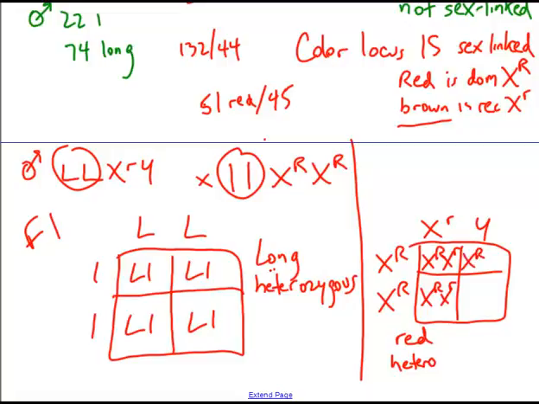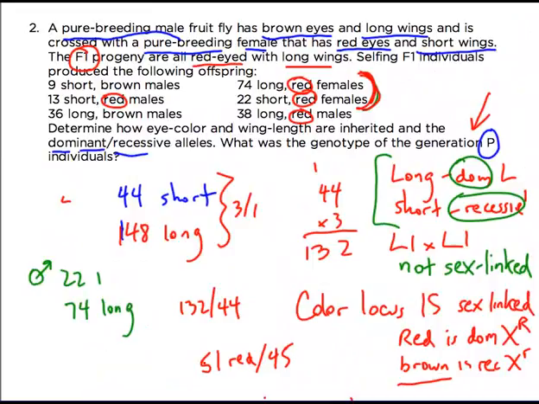All the males look red, and you can't really say they're homozygous or heterozygous, right? So in terms of just phenotype, everyone looked red in the F1 and everyone looked long. Isn't that what they told us? Red-eyed, long wings in the F1.